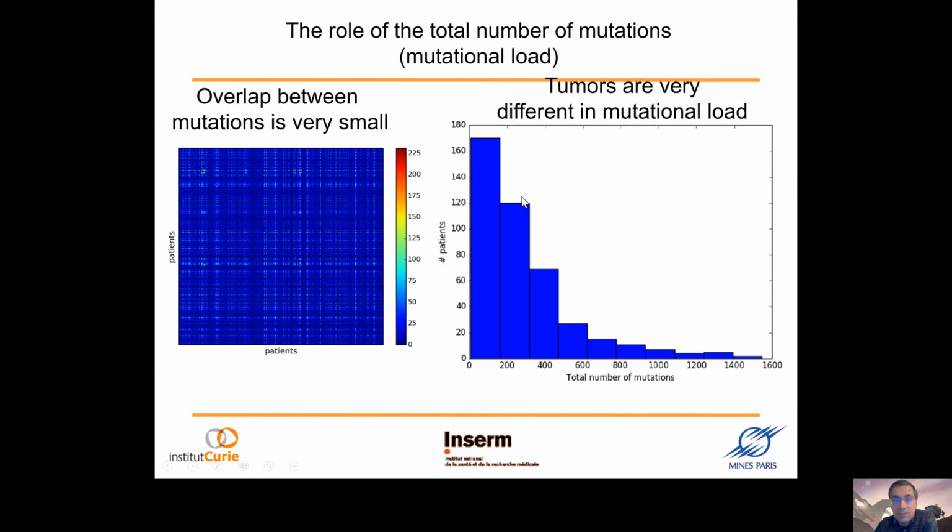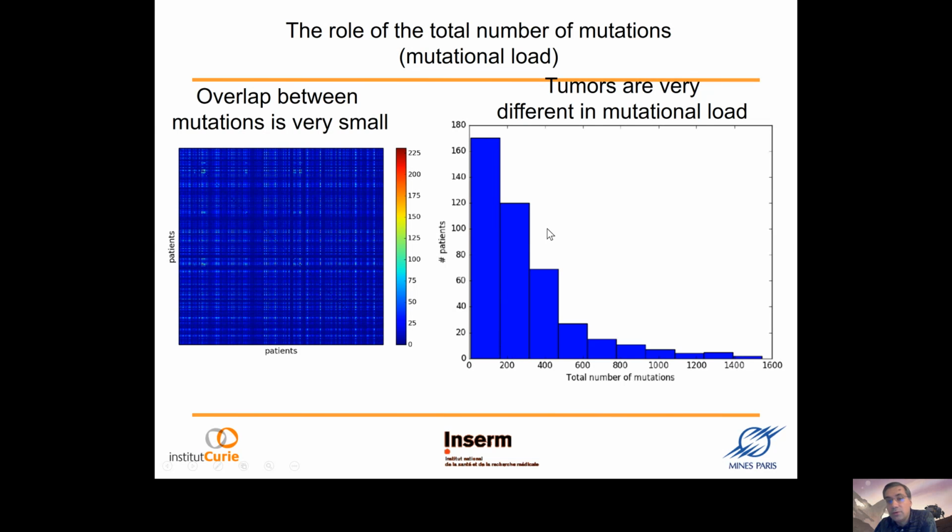And the other observation, which also might impact the results of machine learning algorithms, is that the distribution of the total number of mutations across the patients is very heterogeneous. You see a small fraction of patients with a very large number of mutations, and also many patients with relatively few mutations.